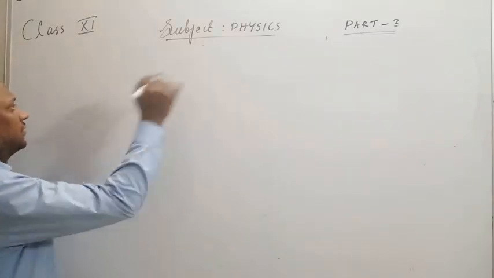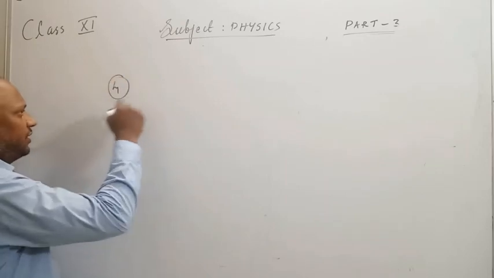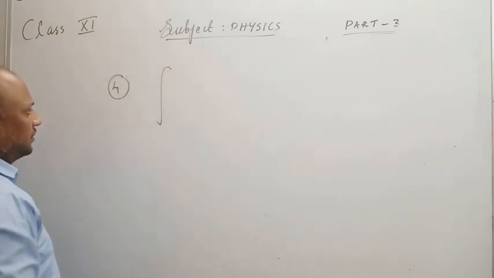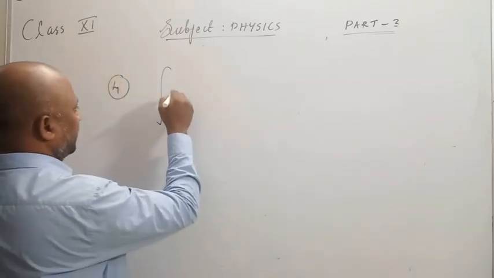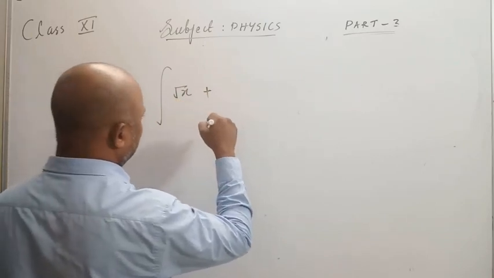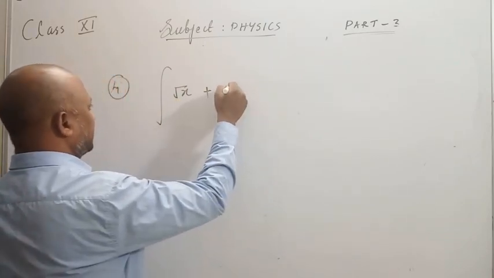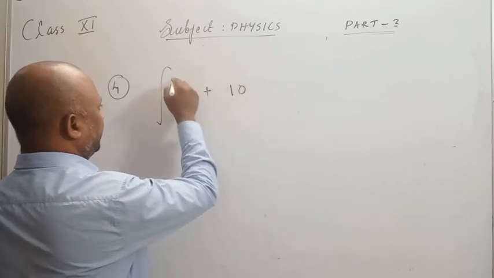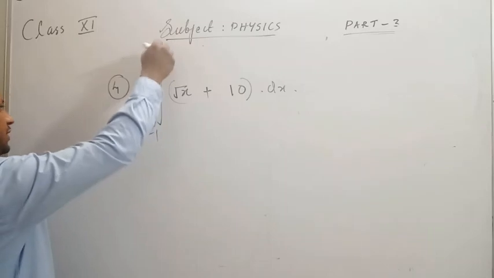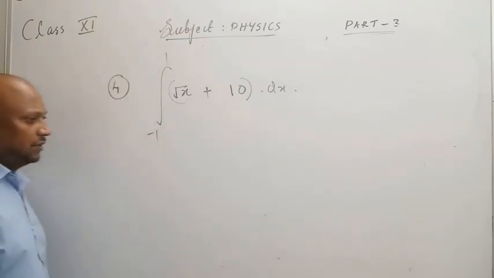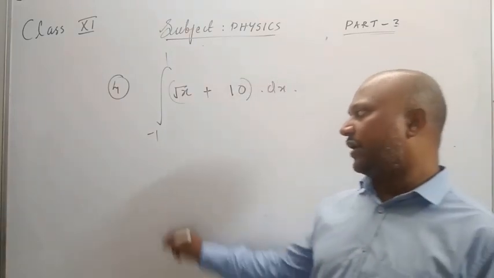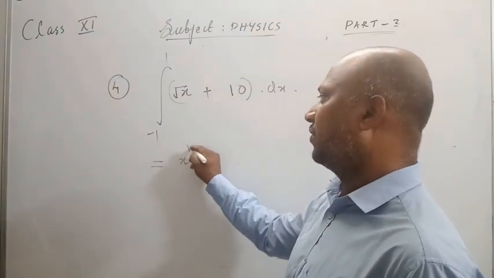Okay, let me give you another example. Integration of under root x plus 10 dx from minus 1 to 1. How to integrate this question? We already know that under root x is x to the power 1 by 2.